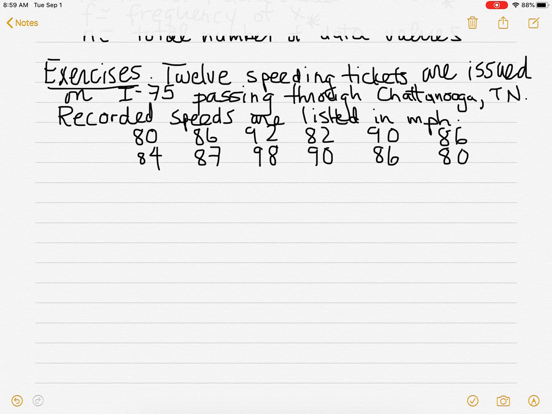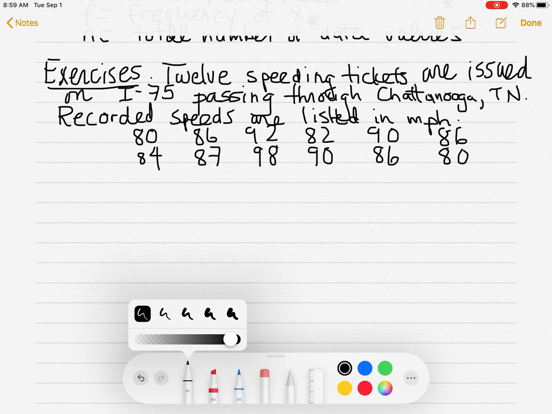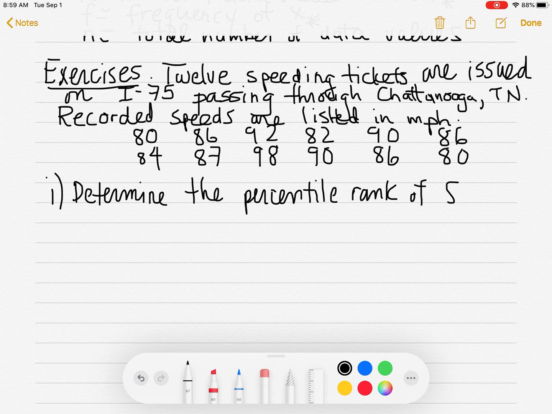Here's the first question. What's the percentile rank of 87 miles per hour? So, first question: determine the percentile rank of 87 miles per hour.